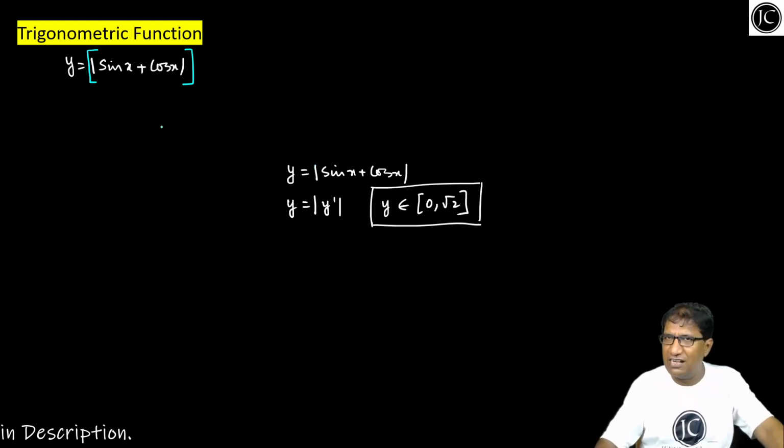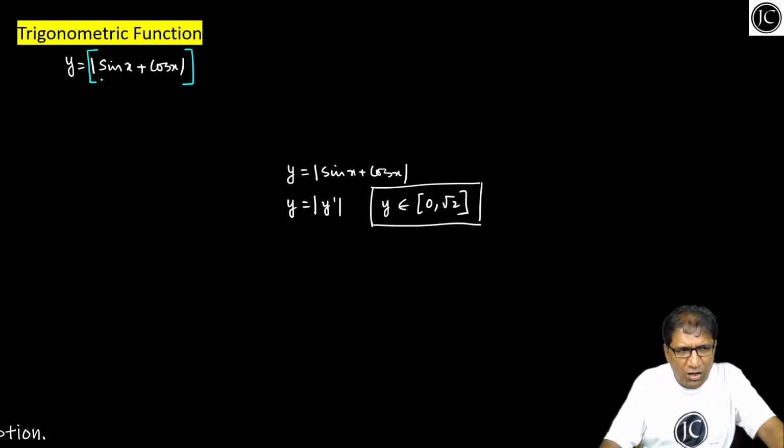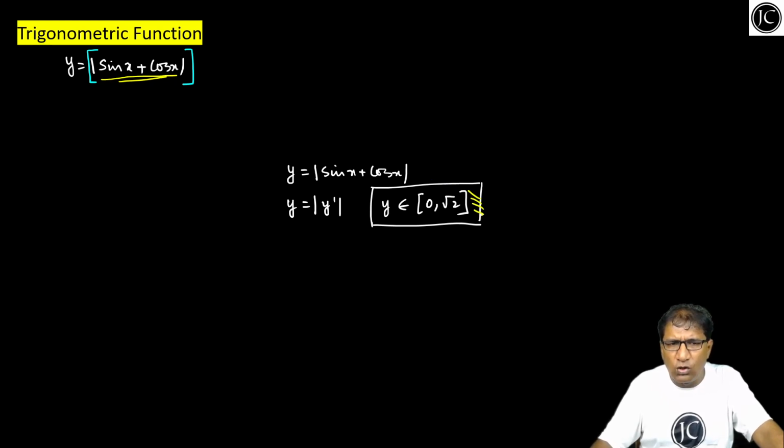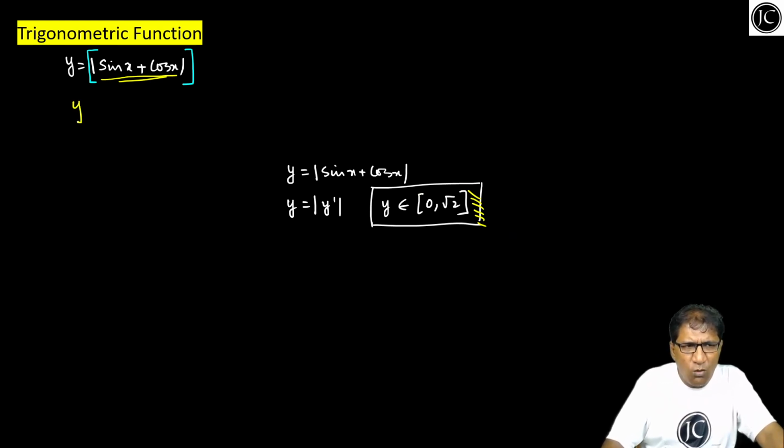जस्ट नाउ व्हाट वी हैव लर्न, वी हैव लर्न दैट modulus of sin x plus cos x, it is lying from 0 to √2. इसका मतलब ये जो y है, ये y के अंदर जो भी मान लो ये तुम्हारा y dash है.